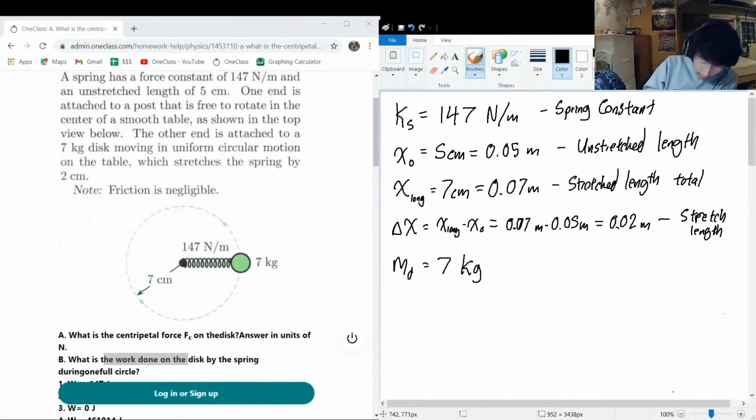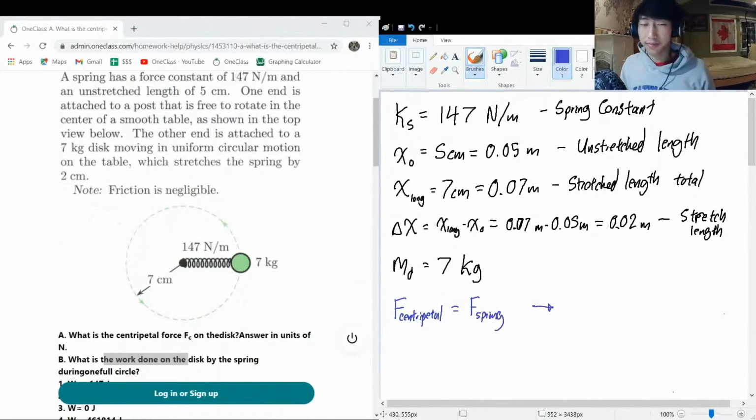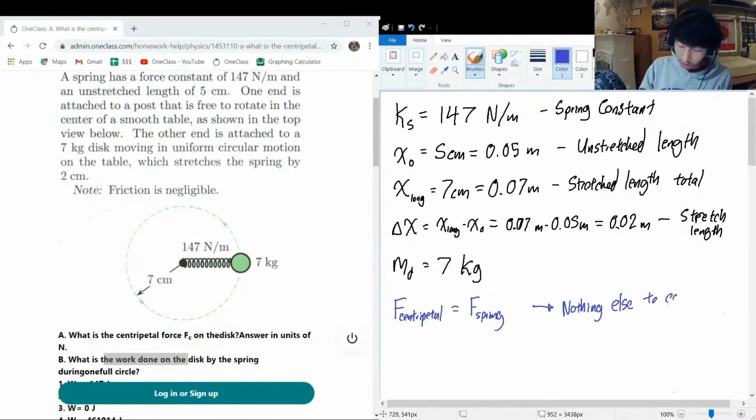I'll write that in a different color. F centripetal is equal to F spring. And we know this because, just looking at the diagram, there's nothing else that could contribute to forces.